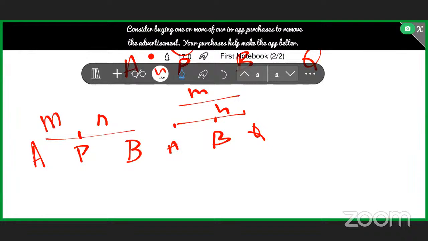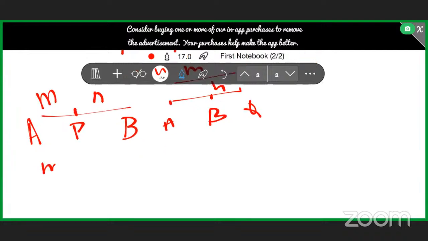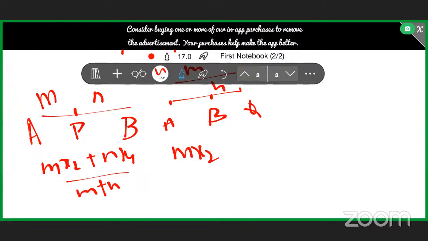For internal division we used the formula mx2 plus nx1 by m plus n, and my2 plus ny1 by m plus n. For external division, we used mx2 minus nx1 by m minus n, and my2 minus ny1 by m minus n. So the division of the line happens separately, either internal or external.